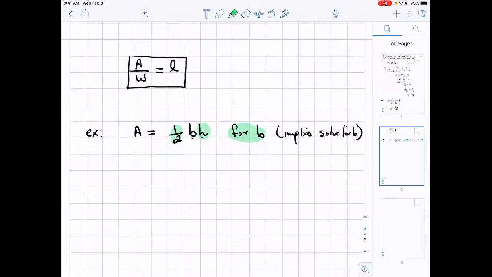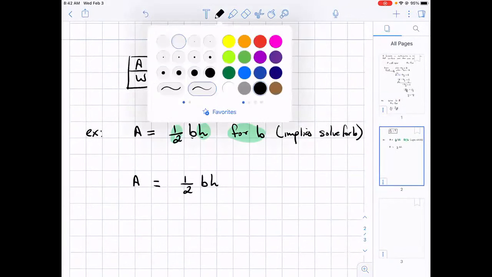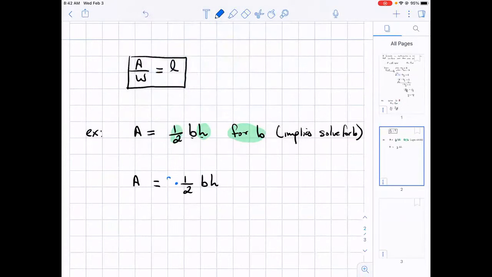So let's move the 1/2 first, okay. A is equal to 1/2 BH. And to get rid of a fraction, we will multiply by its reciprocal. So if the fraction is 1/2, you flip it. That's the reciprocal, okay? But if I do it on the right side, I also have to do that on the left side.